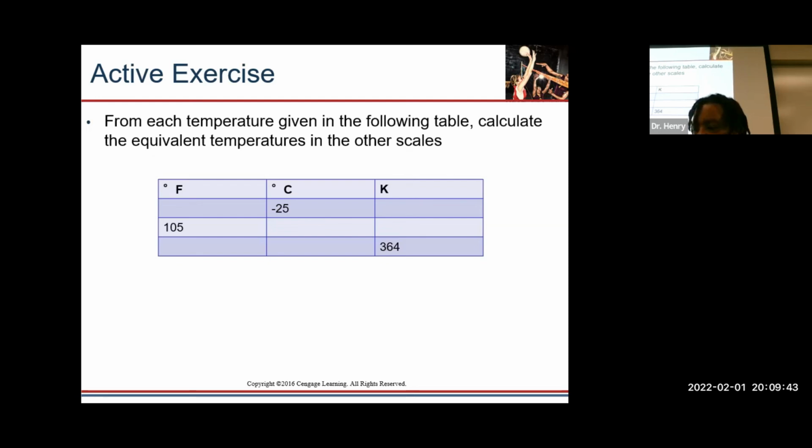Calculations to fill in the table. Okay, so for the very first Fahrenheit, that first blank, what did you guys get? -13? You got -13? Okay. That bottom one for Fahrenheit, what did you guys get? 105.